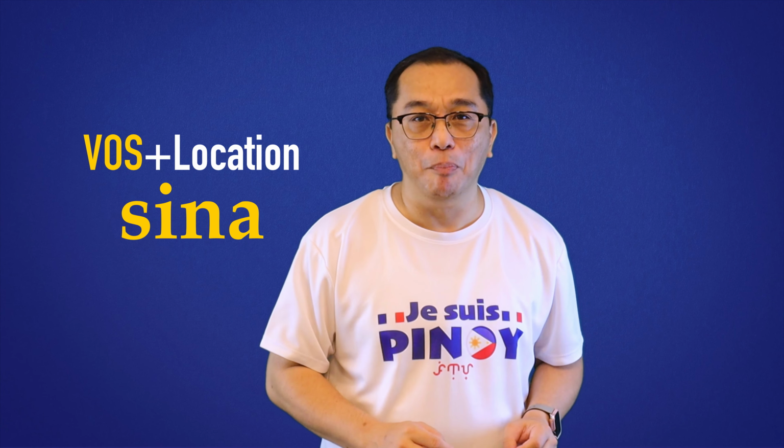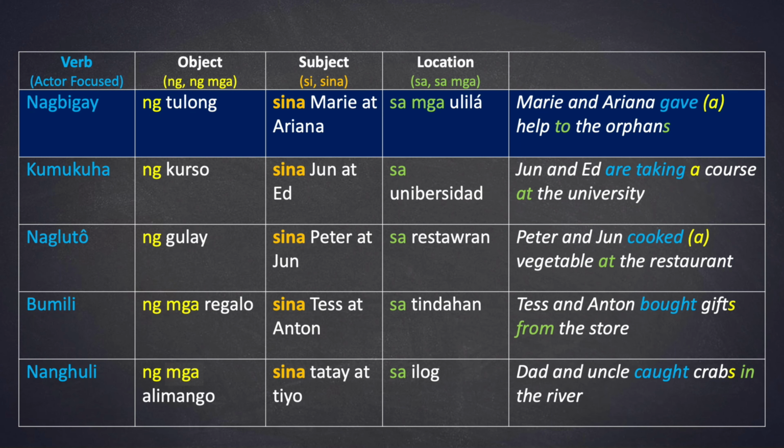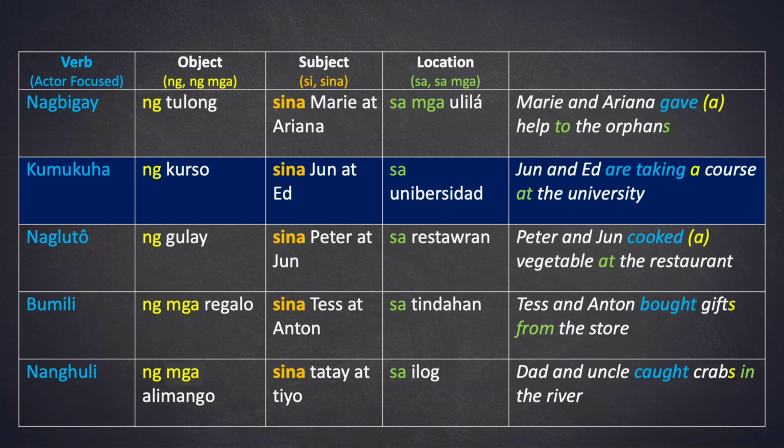Now, let's do this pattern with the direct marker SINA. Nagbigay ng tulong sina Marie at Ariana sa mga ulila. Marie and Ariana gave help to the orphans. Kumukuha ng kurso sina June at Ed sa universidad.